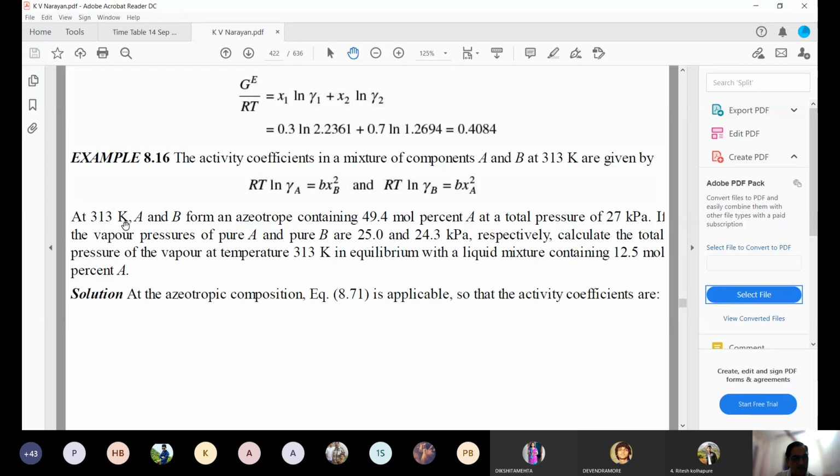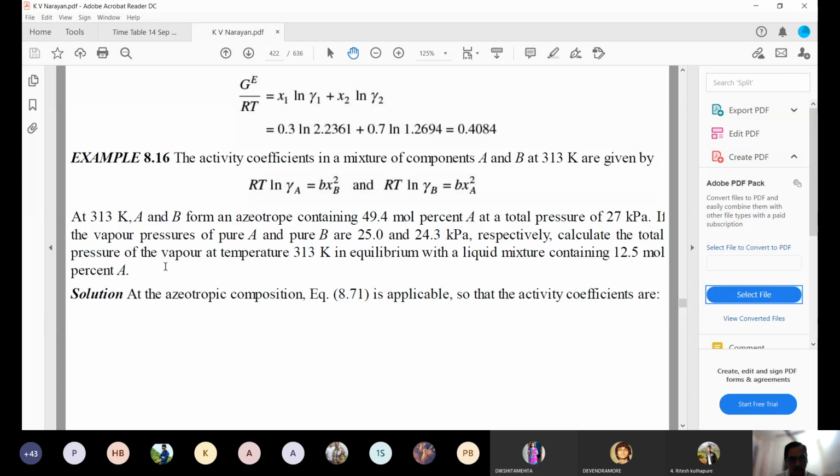At 313 Kelvin, A and B form an azeotrope containing 49.4% A at a total pressure of 27 kilopascal. If the vapor pressures of pure A and pure B are 25 and 24.3 kilopascal respectively, calculate the total pressure of the vapor at 313 Kelvin in equilibrium with a liquid mixture containing 12.5 mole percent A.